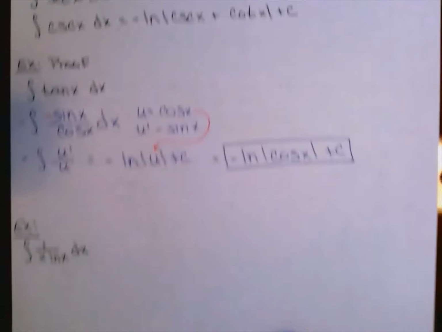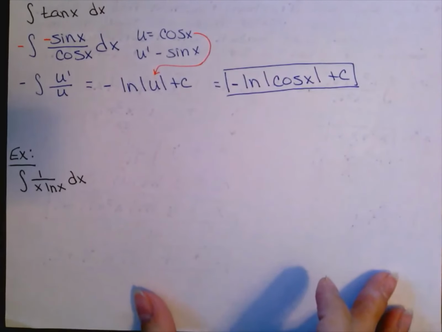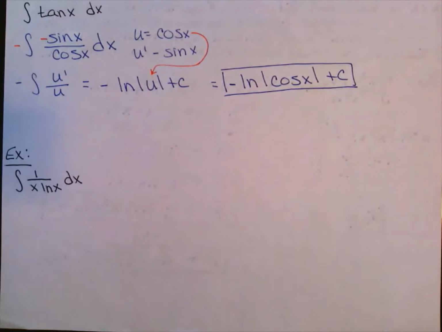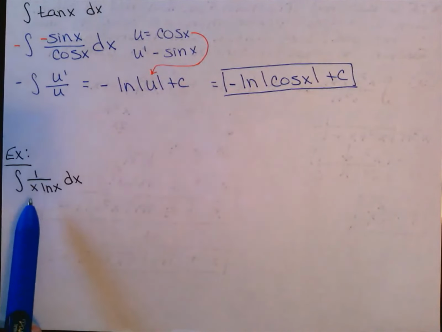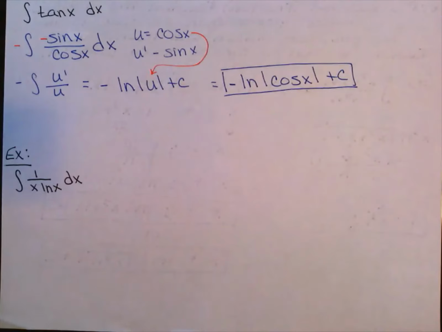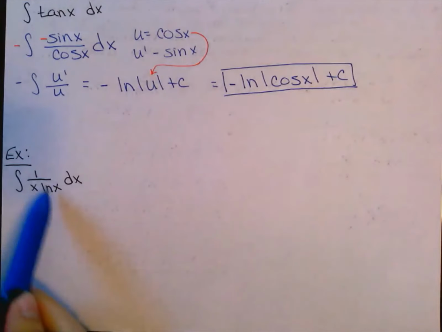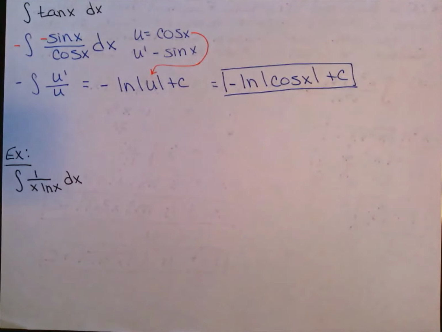Let's move on to this next one that can be a little tricky. I have the antiderivative, or the integral, of 1 over x times ln of x. Now, it might be looking a little tricky, but hopefully in your mind you know that ln of x and 1 over x have some sort of a relationship with each other. I know that the derivative of ln of x is 1 over x.